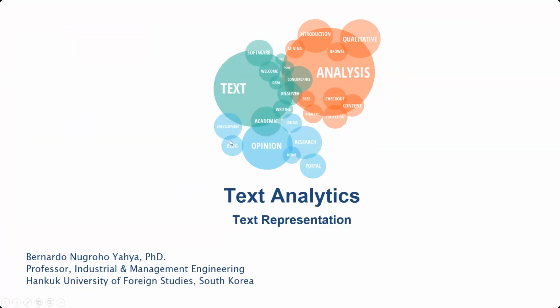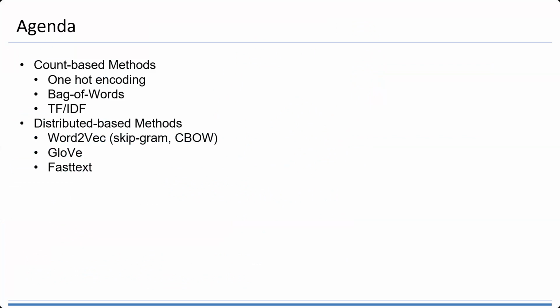So this section is about text representation, and I'm going to let you know some basic approaches for text representation. Today we are going to learn about those things. There are two methods that we will learn.